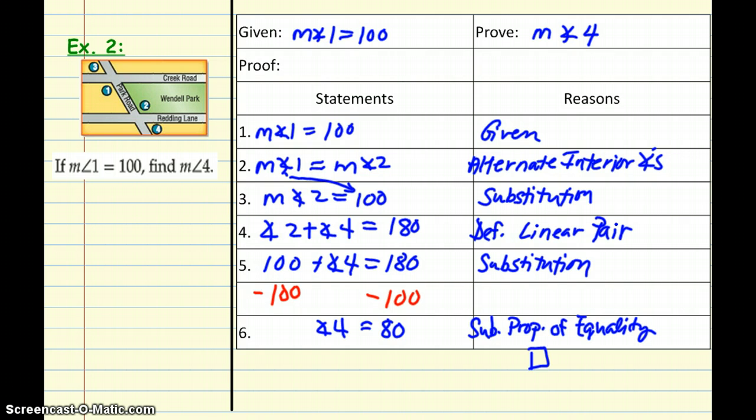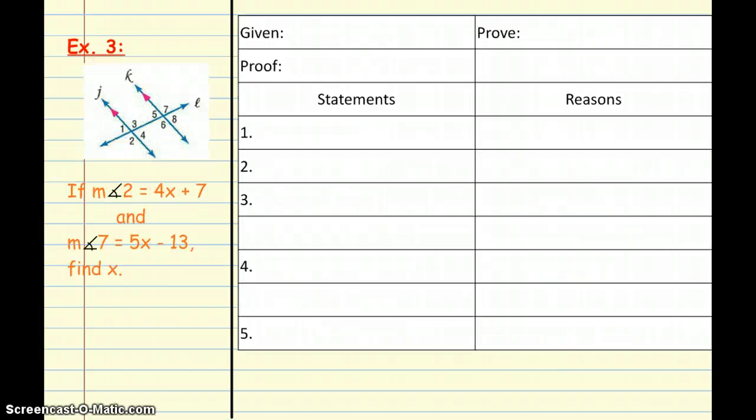All right, last example. So again, we have these two parallel lines cut by the transversal, and we're told that the measure of angle 2 is 4x plus 7, and the measure of angle 7 is 5x minus 13, and we need to find the value of x.